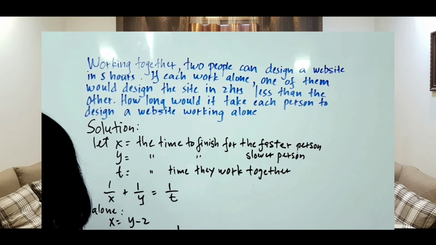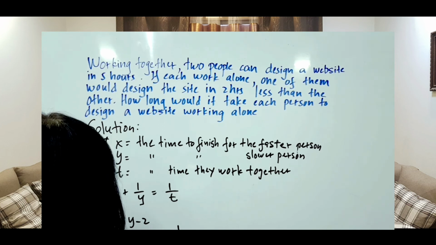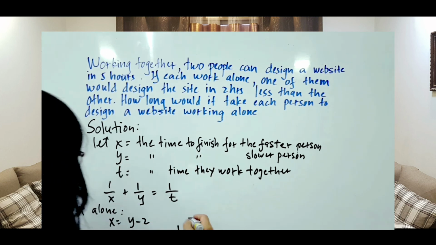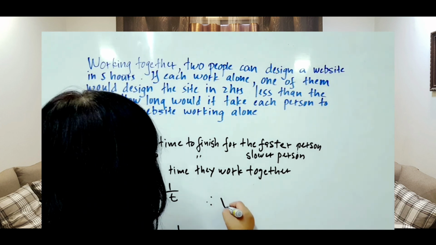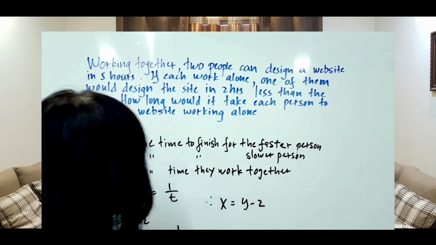Therefore, Y is equal to 11.099 hours. Now, see, we solved the time for the slower person to finish the job, to design the website. Therefore, since there is the value of Y, we can solve X, which is the faster person, is equal to Y minus 2.